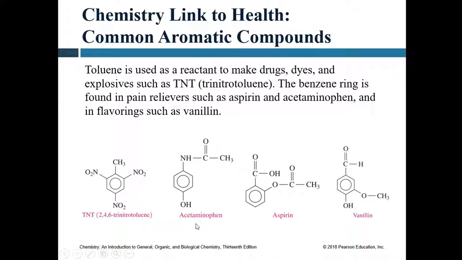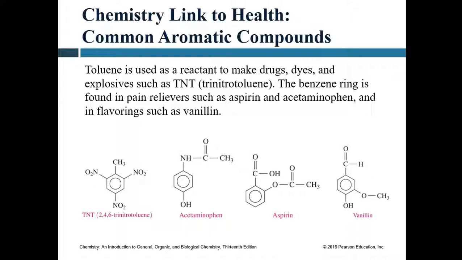Okay, here's our acetaminophen, and notice that here's our benzene ring, and we have our other items. Just because it has a benzene ring does not automatically make the molecule carcinogenic when the benzene ring is part of something else. So don't just go, oh my goodness, my acetaminophen or my aspirin or my vanilla is all carcinogenic. We can't just automatically make that jump.